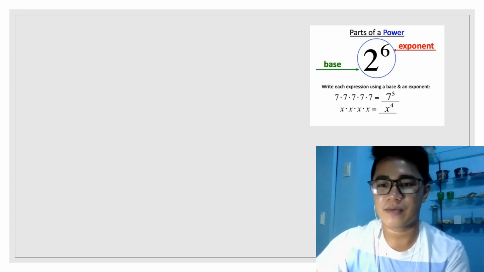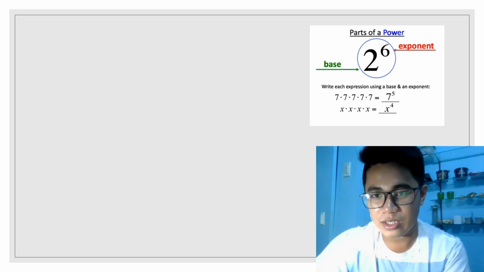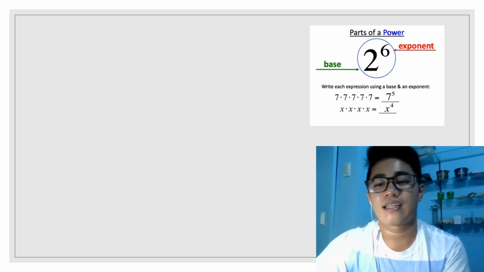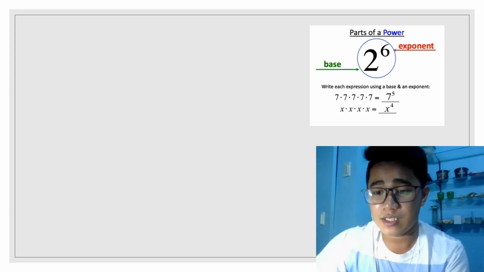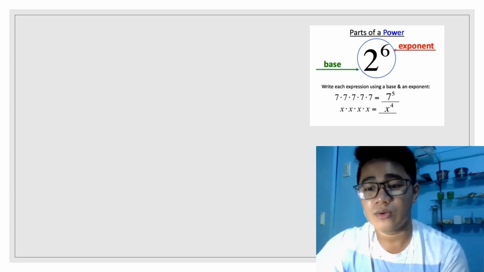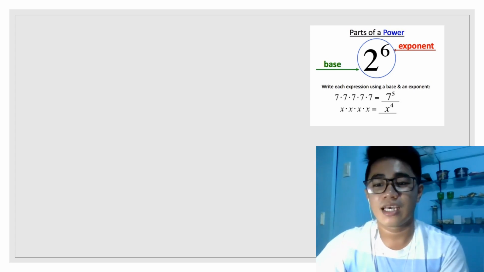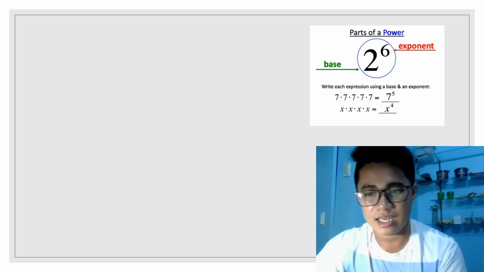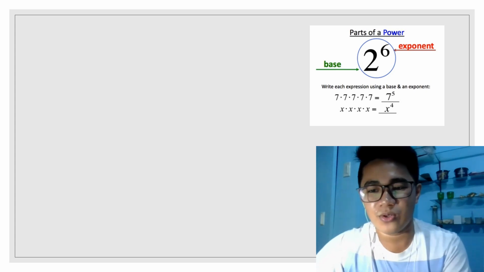So, if I say my base is 3 and my exponent is 4, ibig sabihin po is uulitin ko yung number 3 ng 4 times. Yan lang po yung ibig sabihin. Ganun po yung function ng exponent at saka ng base natin. So I hope malinaw po sa inyo yun.